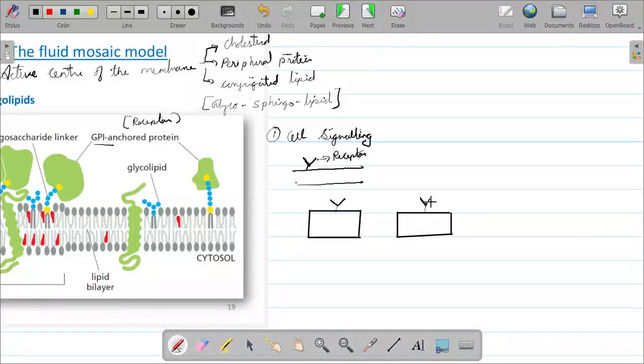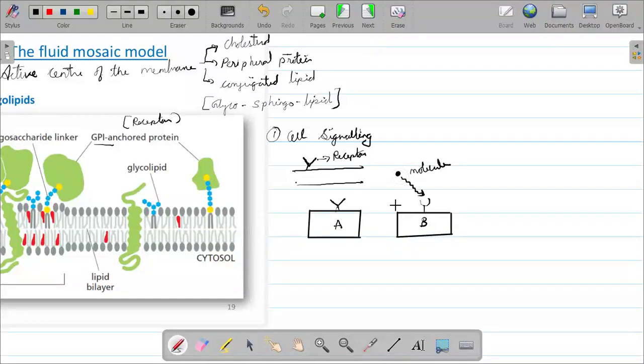This GPI anchored protein is going to act like a receptor. Imagine that one receptor has a V shape, the other has a half semicircle shape. If I have some molecules, this molecule will enter into cell A or cell B, where they can go and bind.